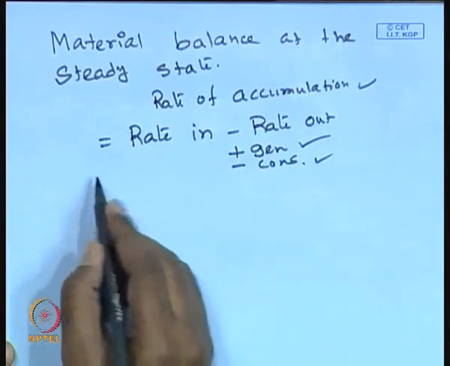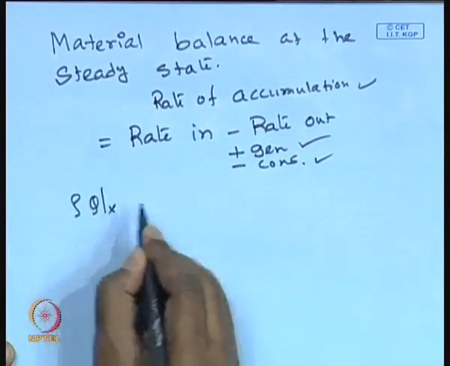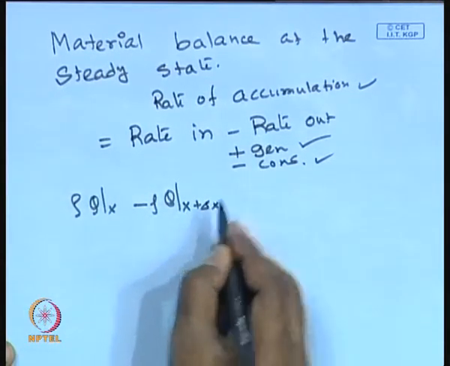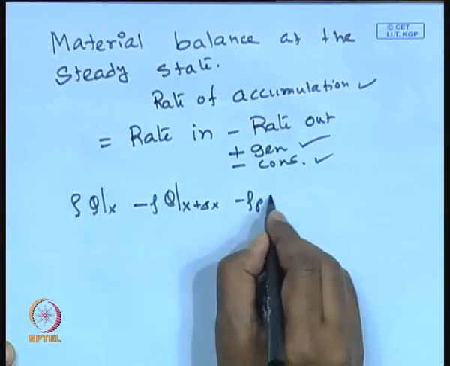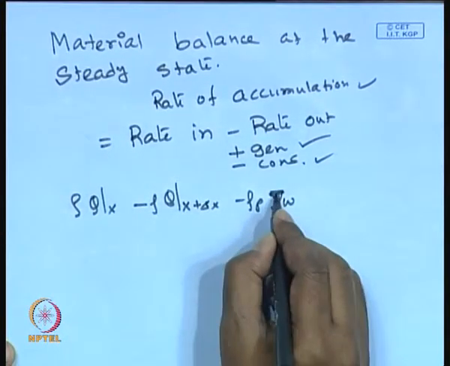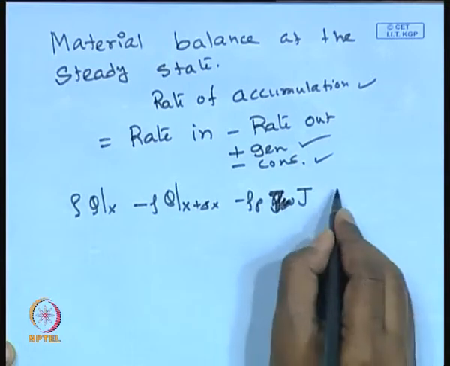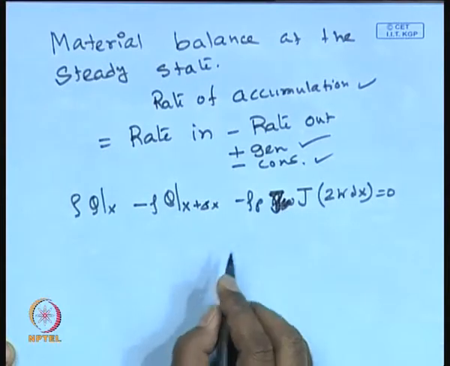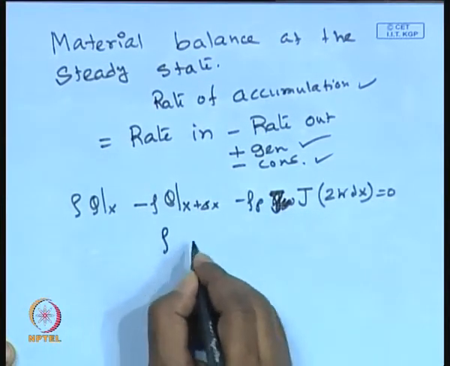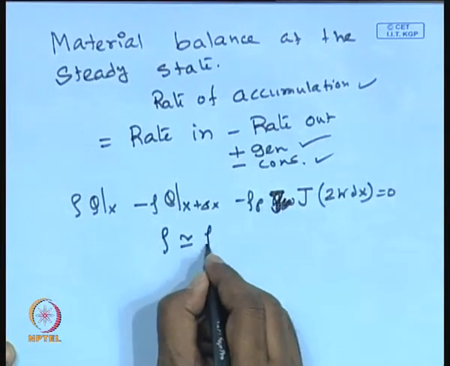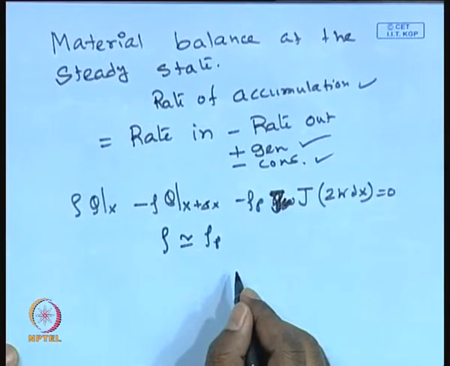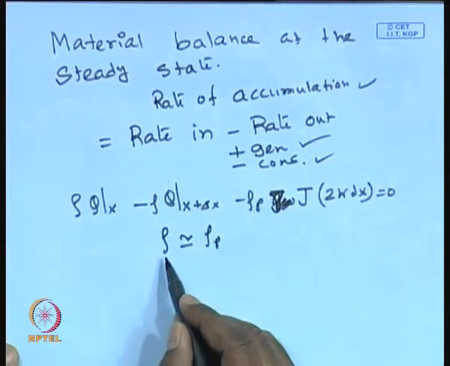So, you will get rho q at x minus rho q at x plus delta x, minus rho p j 2 w dx, that is the area, should be equal to 0. Now, as we have already discussed, density has the weakest functionality with respect to concentration, and we assume that the density of the fluid and the permeate are more or less equal.